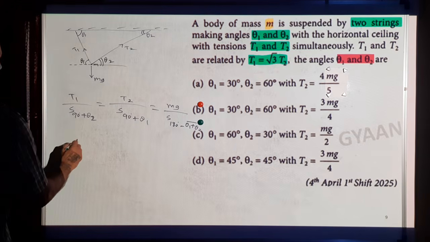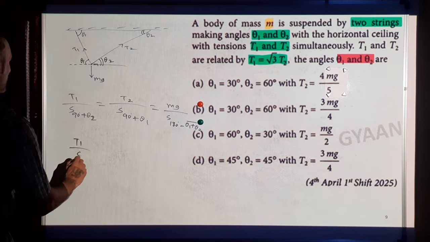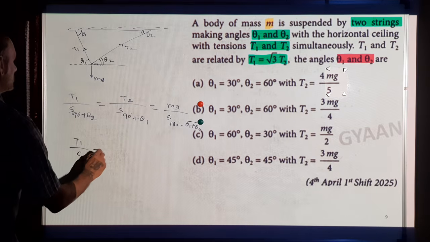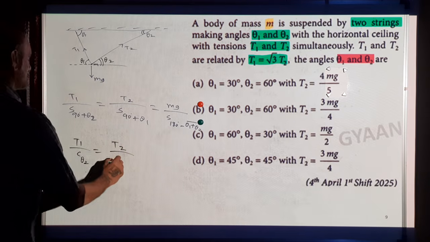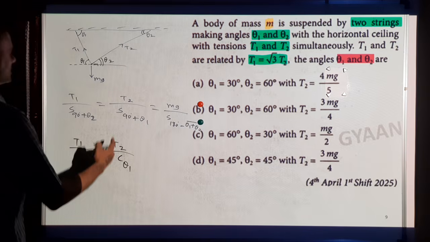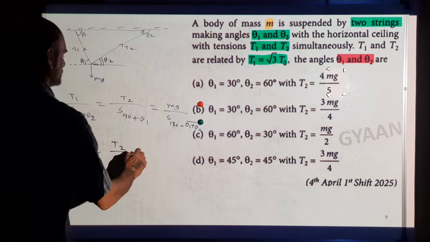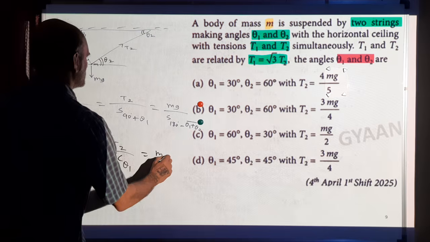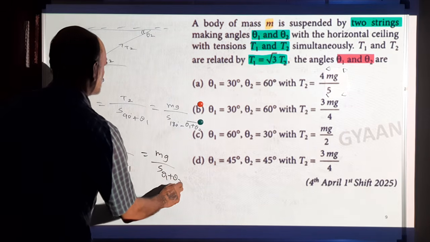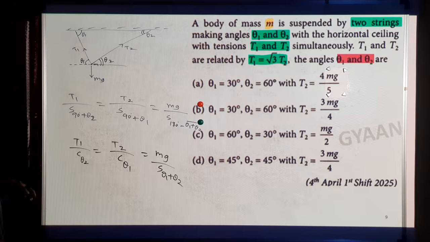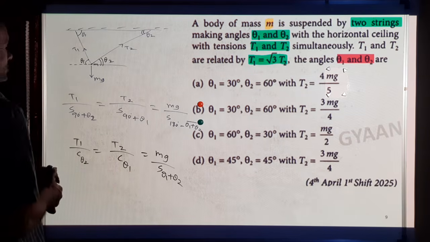So this is T1 by cos theta2 equals T2 by cos theta1, since it's 90 plus, sine becomes cos, and in the second quadrant sine is positive, equals mg by sine of theta1 plus theta2. Sine remains sine because of 180, and in the second quadrant sine is positive. So we can work out the options from here.